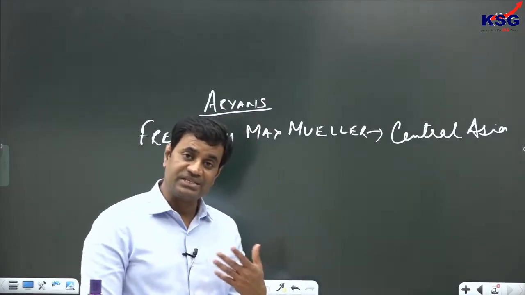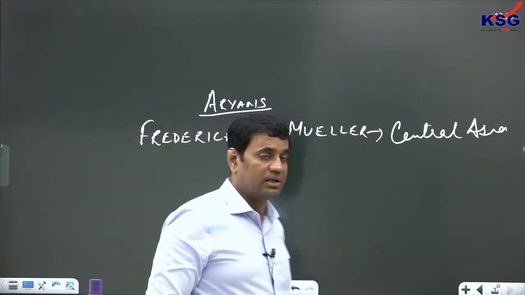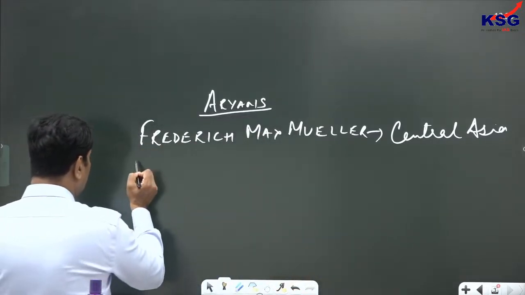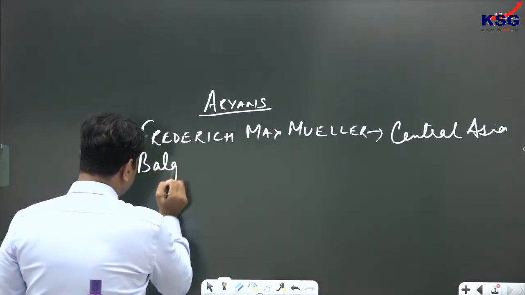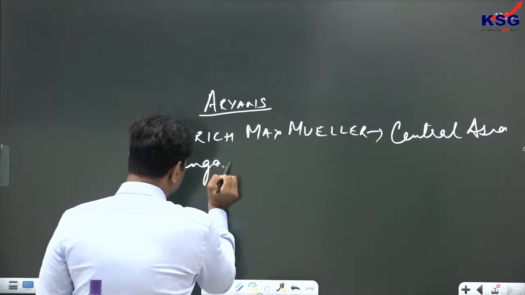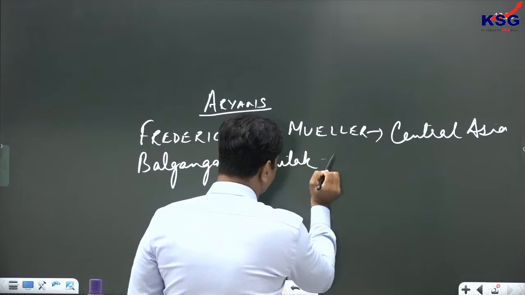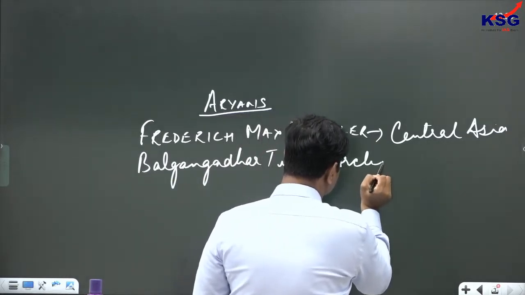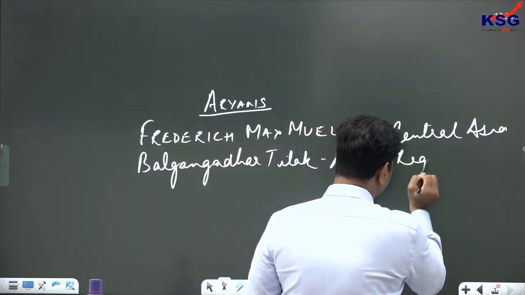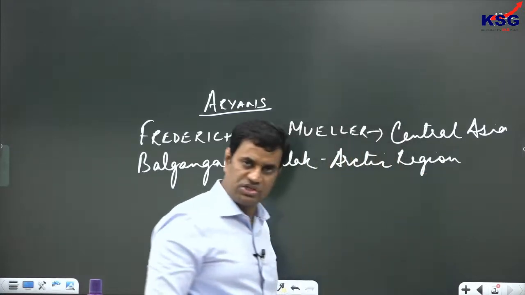Clear? At the same time, some scholars, even the national leader of India, Bal Gangadhar Tilak, believed that Aryans came to India from the Arctic region. So this is the Arctic region theory.